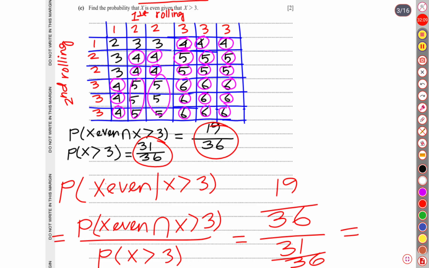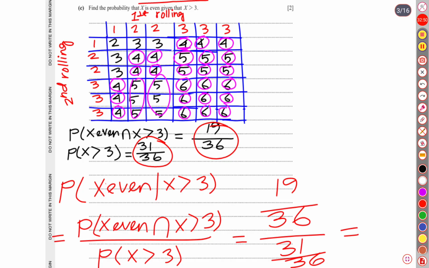The 36 can be cancelled, since both have the same denominator. So 19 is divided by 31, let me use my calculator. 19 divided by 31 is equal to 0.612.